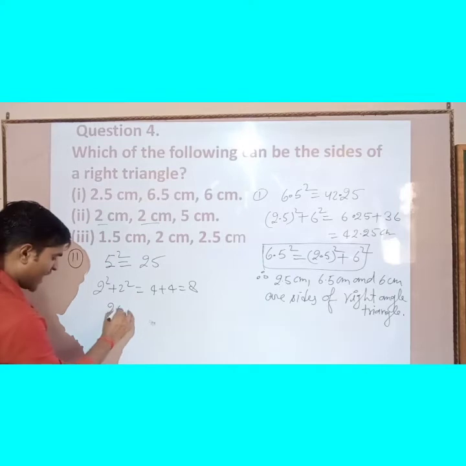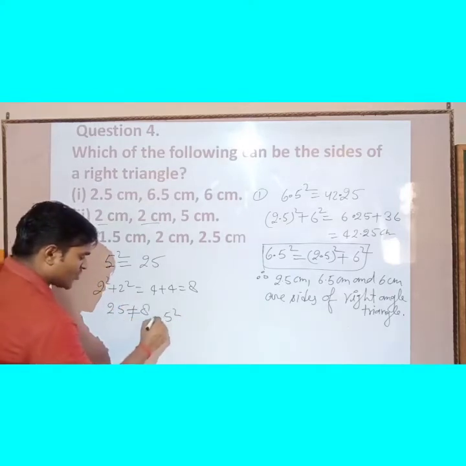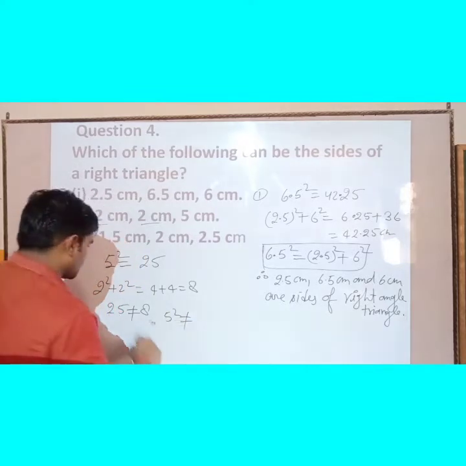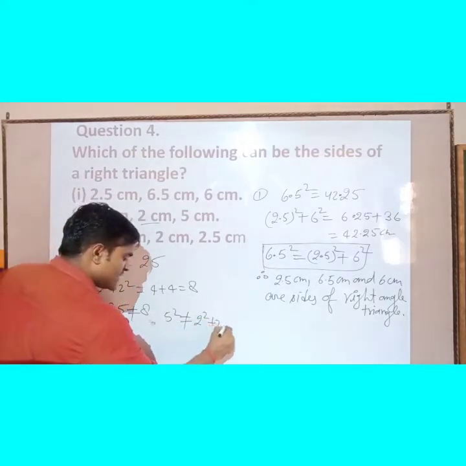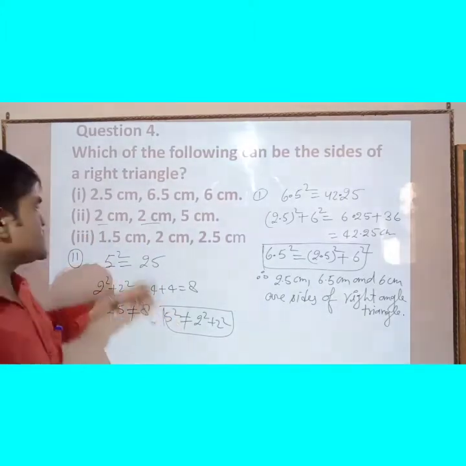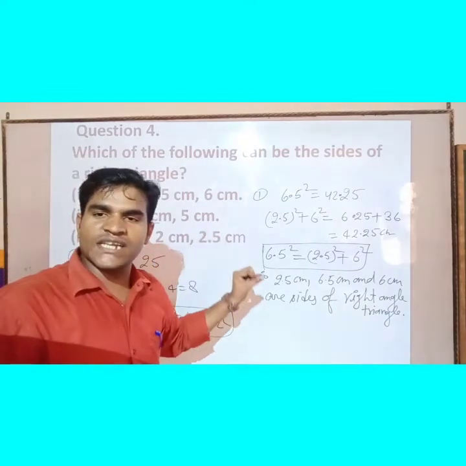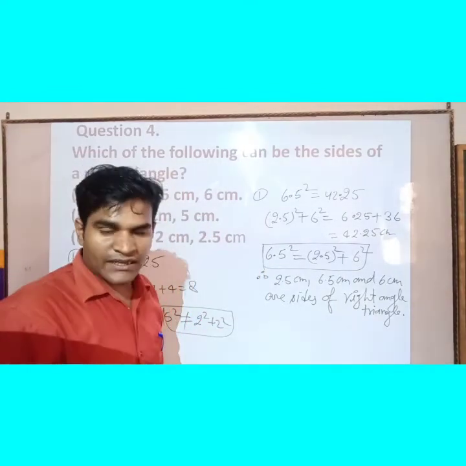Is 25 equal to 8? No, it is not equal. It means 5 square is not equal to 2 square plus 2 square. If it is not equal, it means 2 centimeter, 2 centimeter and 5 centimeter are not the sides of a right angle triangle.